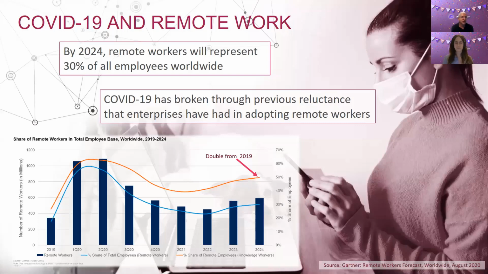But still, there's an assumption here that COVID will disappear sometime during 2021, but the effect it has had on remote work will stay with us. So after this levels out, it will be more than double the levels that we saw before 2020, so in 2019.